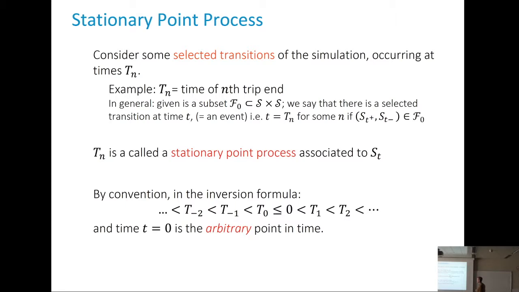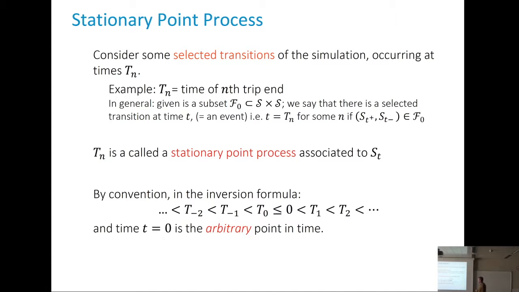It is stationary in the sense that the joint statistics of the sequence of times T1, T2, T3, etc., are the same as those of T100, T101, T102, T103, if the simulation is stationary.